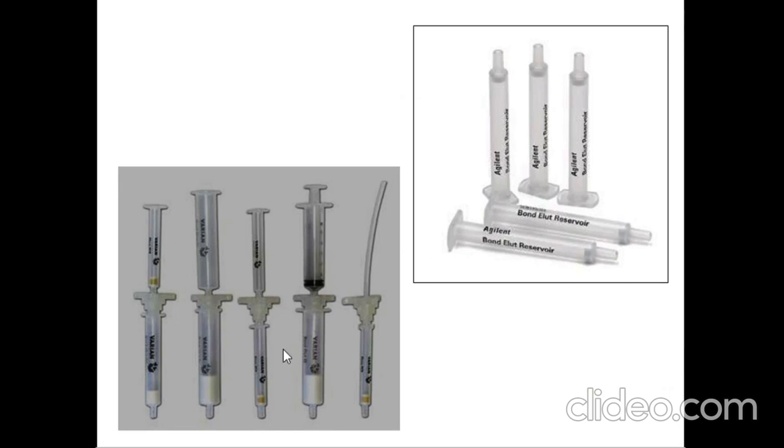Now, this is for your reference, how the commercial cartridges look. As I said, they are very similar to clinical syringes. These are the adapters and these are the cartridges, and here you can easily make out the sorbent bed. It is tightly packed over here. These are the empty cartridges, these are the filled cartridges, and you add the analyte mixture through these adapters.